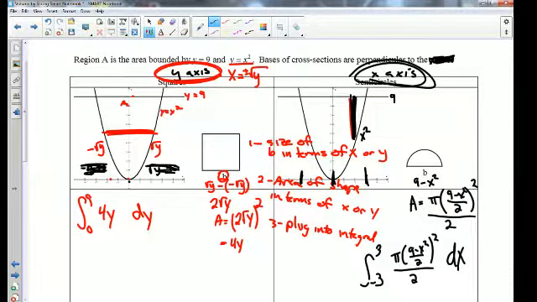So the 9 minus x squared is your b value, and you got that by doing top minus bottom? Yep. And this is the radius, right here, the radius of the semicircle. So it's just pi r squared over 2. You just had to figure out the radius. Okay. And we could do that on a calculator.